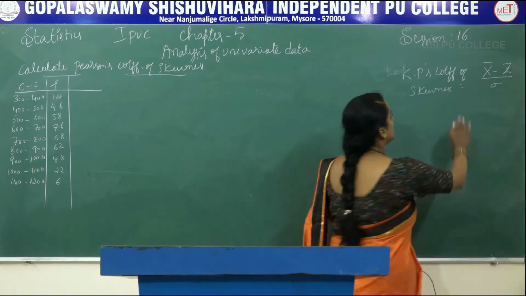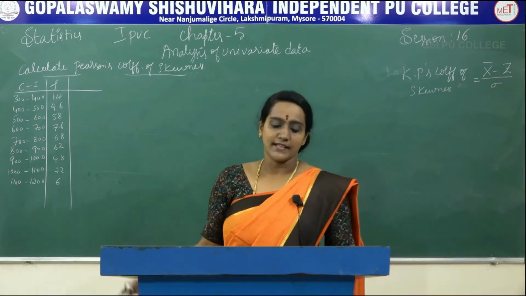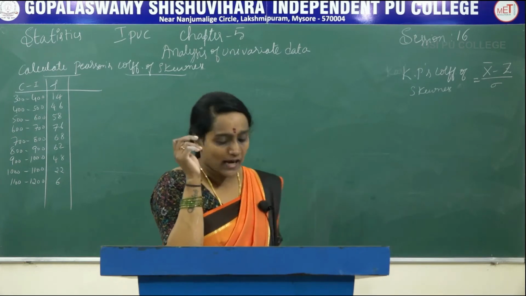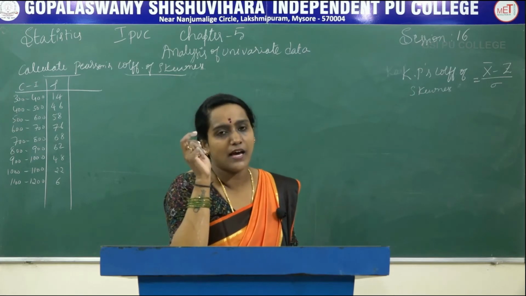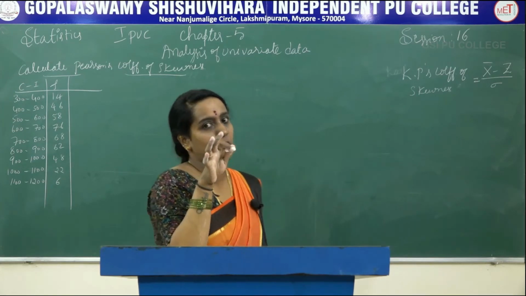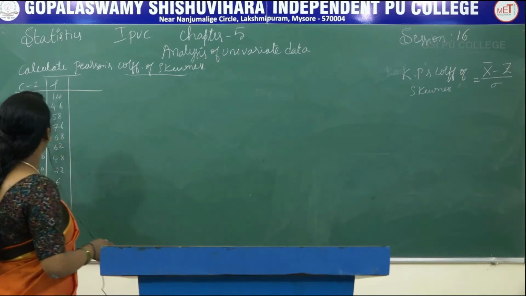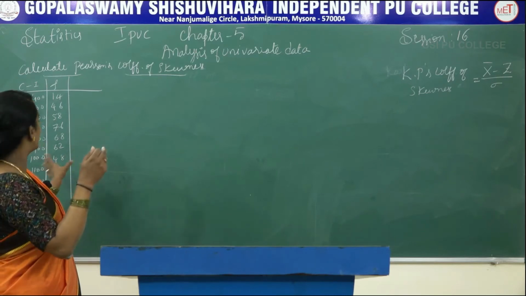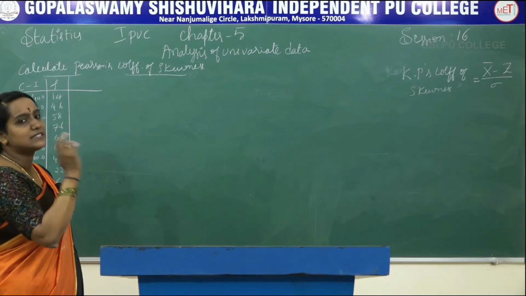X bar is the mean, z is the mode, and sigma is the standard deviation, and this is the formula for a continuous frequency distribution. Here we have only one mode value, that is only one highest frequency, which is 76. So for this data we have to calculate mean, mode and standard deviation.